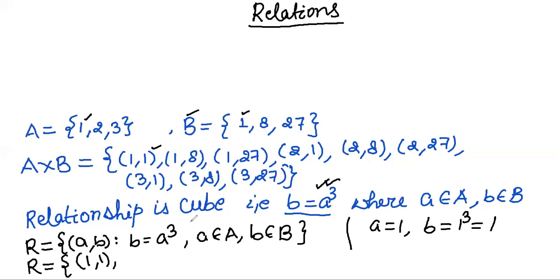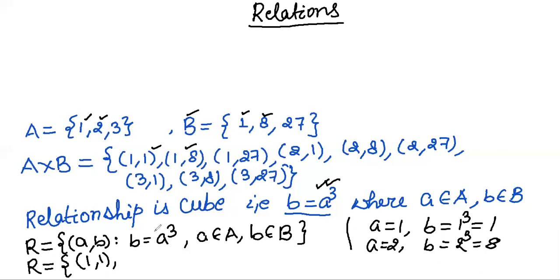Now the second element we will take, that is 2. So we will apply a equals 2. When we apply a equals 2, then b value will be 2 to the power 3, meaning 8. So we'll check whether it is there or not. Yes, 8 is there in the second set B, and the pattern given here is an ordered pair.